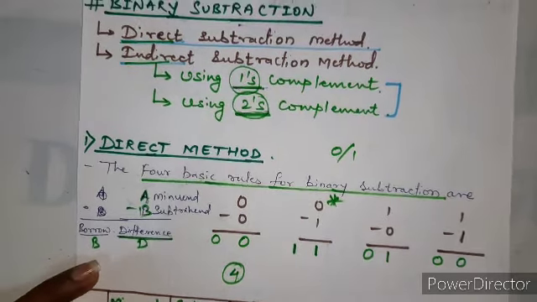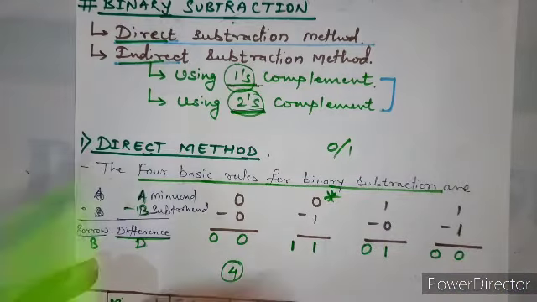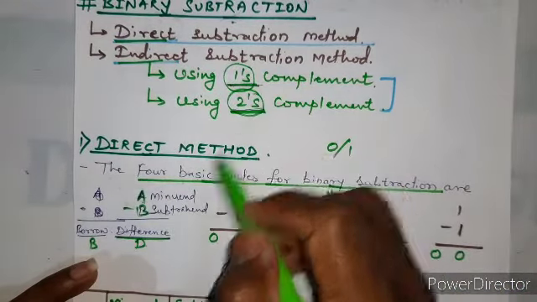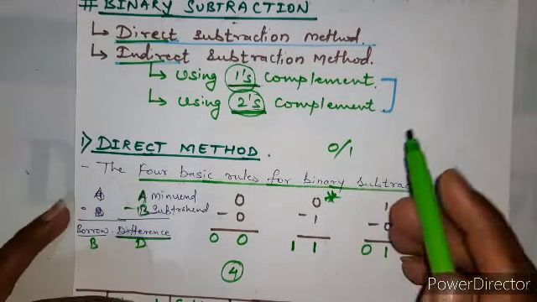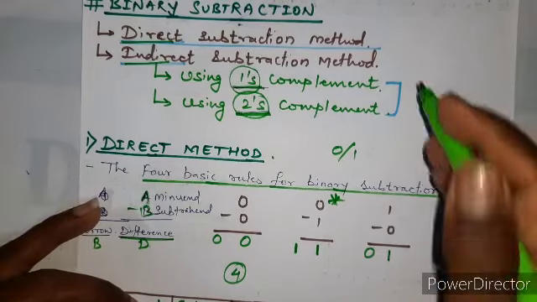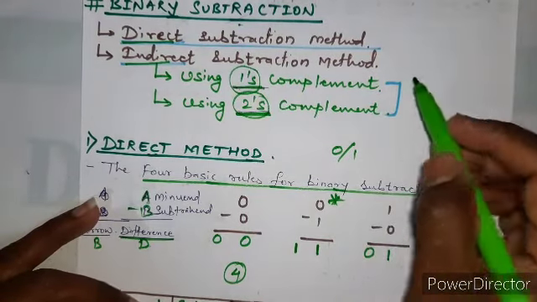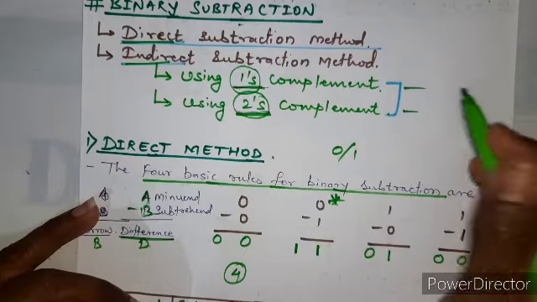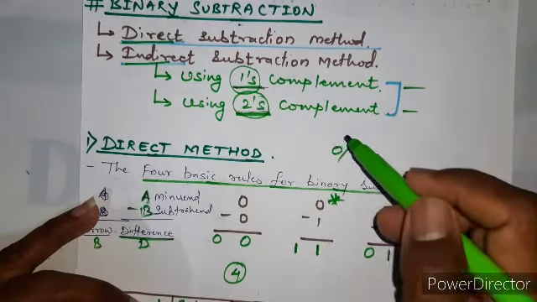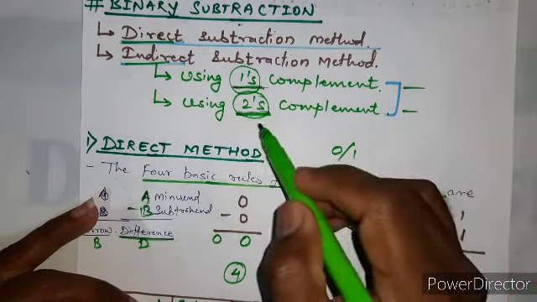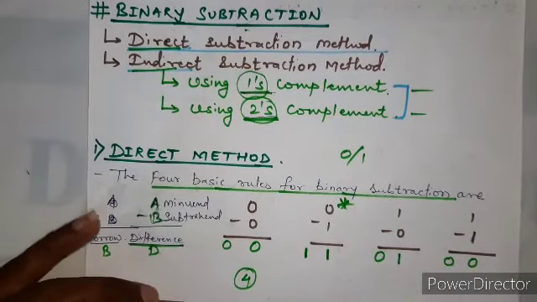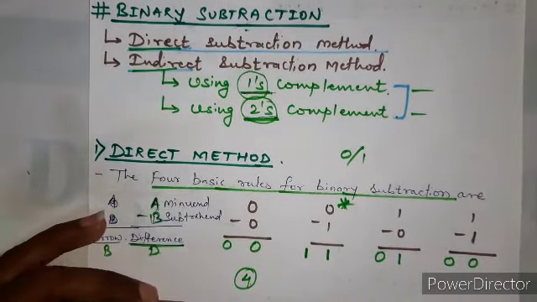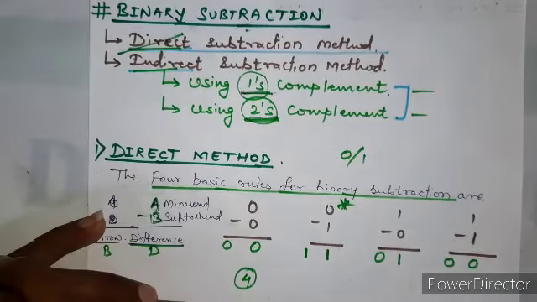In the next lecture we'll see what we mean by 1's complement and 2's complement, and there are a few steps which you need to remember by heart, so as to subtract a given number by either of these methods, because in the exam they ask to subtract using either 1's complement or 2's complement. I hope binary multiplication and binary subtraction with the direct method is clear for you.